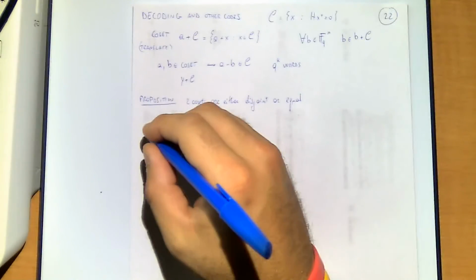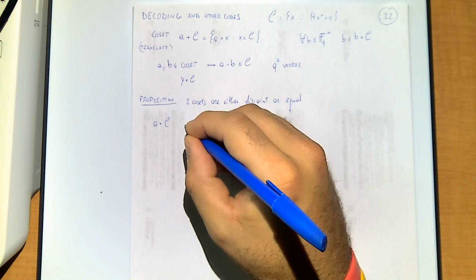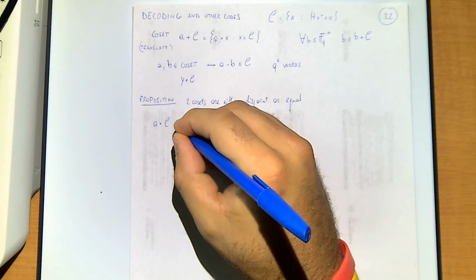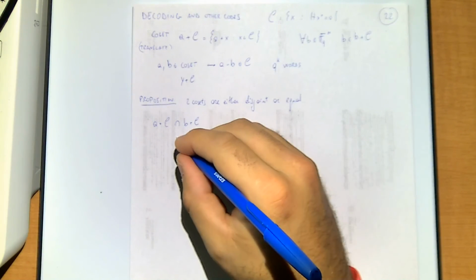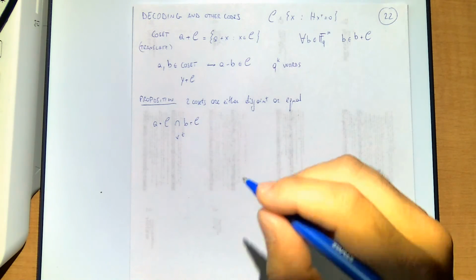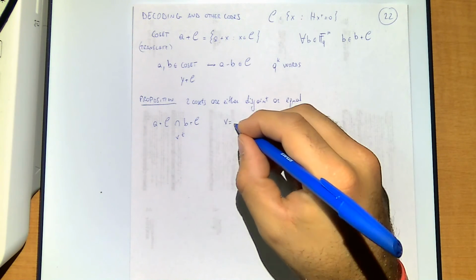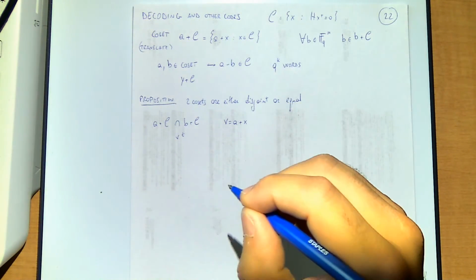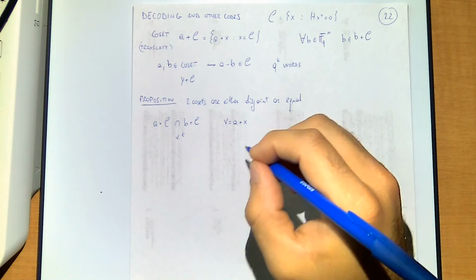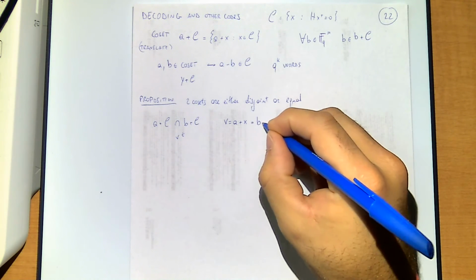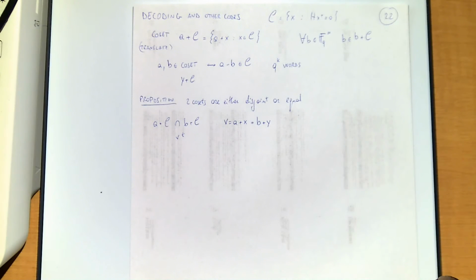Suppose that I do have an overlap, like A plus the code and B plus the code. So I have these two cosets, and I take a vector V in this intersection. Well, then V is going to be A plus X, right? Because it's in the first coset, and X is a code word, but it's also B plus Y, where Y is a code word.